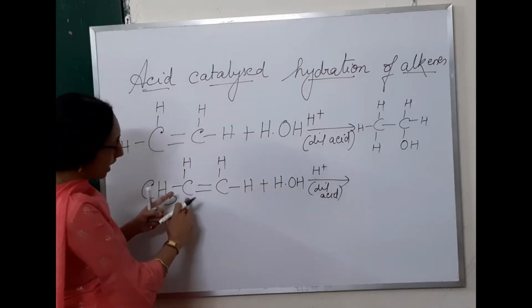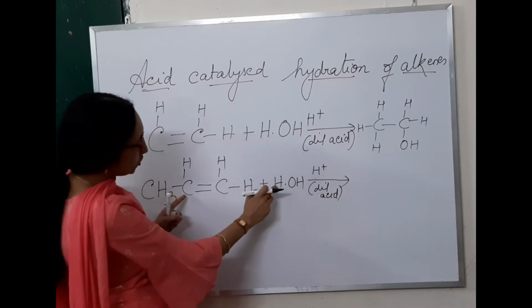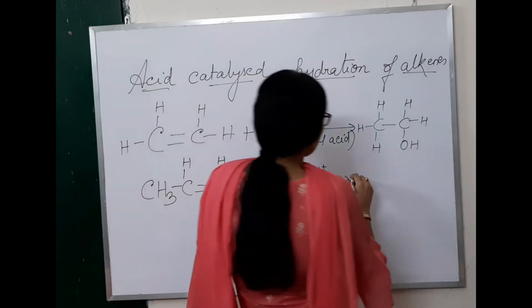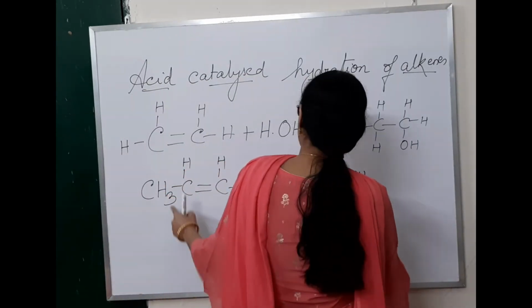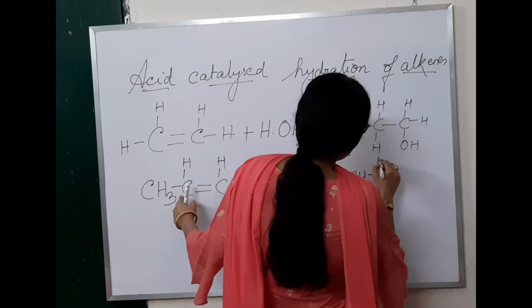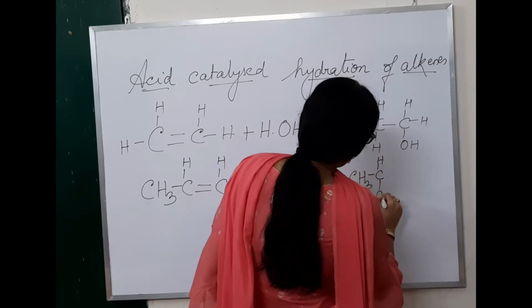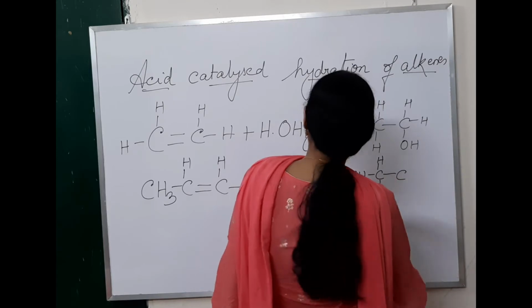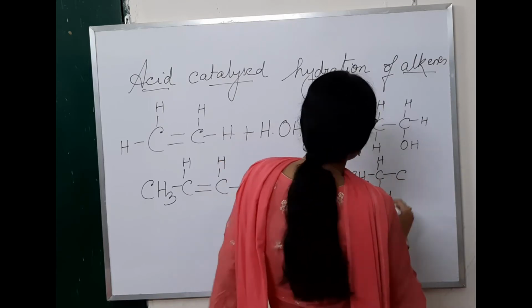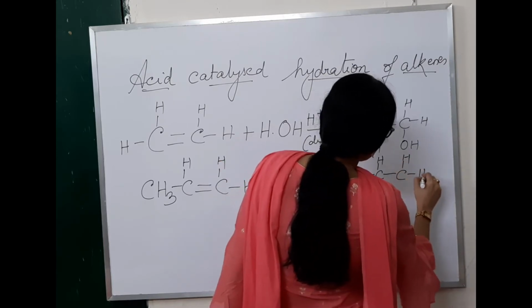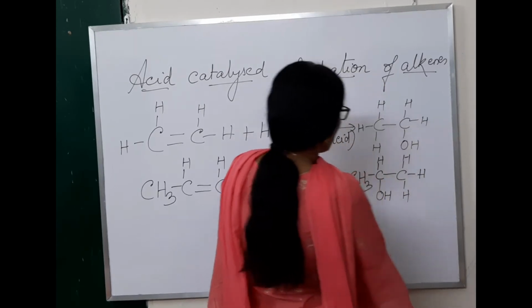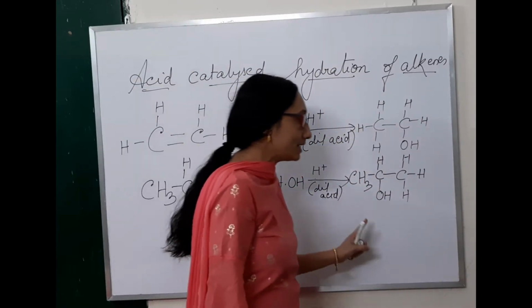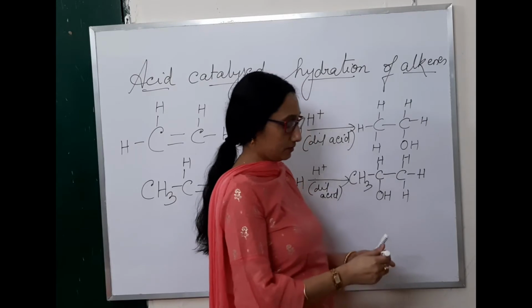So OH will come to this carbon and H to this carbon. So CH3, CH, this is OH, then carbon, 1, 2 and the third hydrogen. So we will get propan-2-ol.